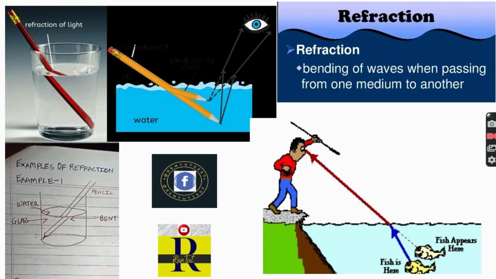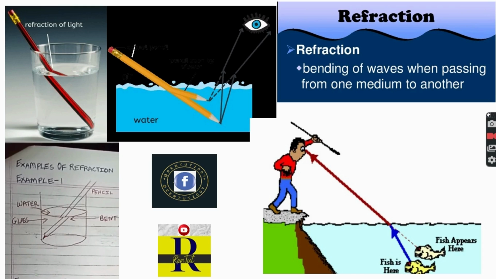Similarly with the pencil dipped in the glass of water, the image which is on top is a virtual image, and the one right below it is a real image. So this is what I wanted to clarify.